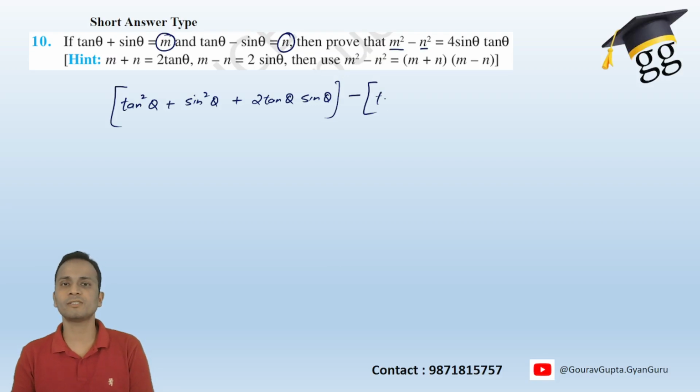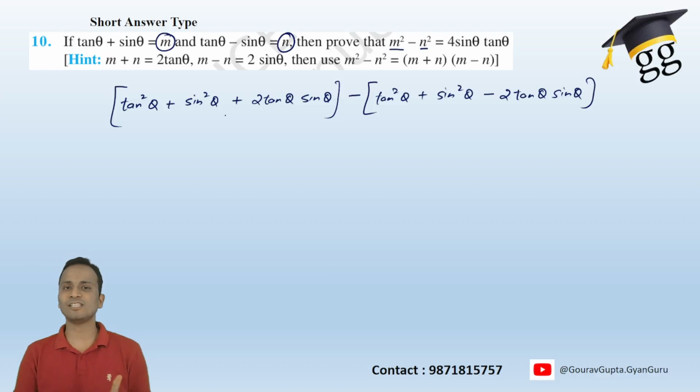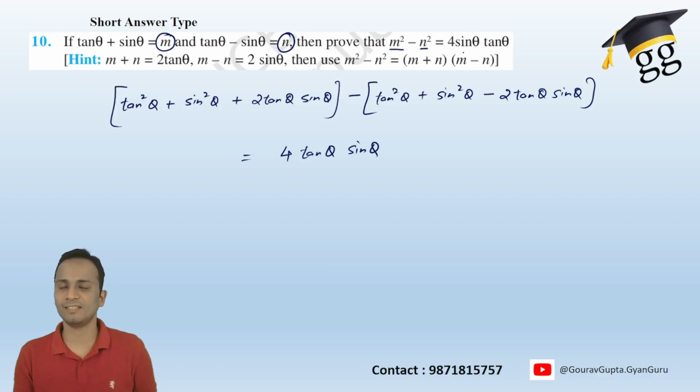So n square is tan square theta plus sine square theta minus 2 tan theta sine theta. Open the brackets, tan square theta will get cancelled, sine square theta will also get cancelled, and you will be left with 4 tan theta sine theta, which is required on the right hand side.